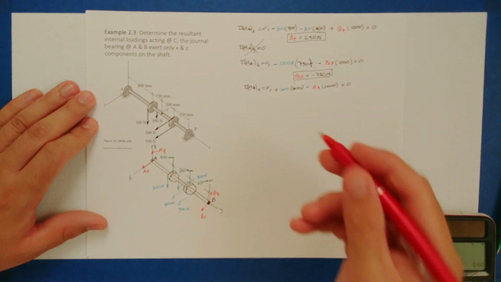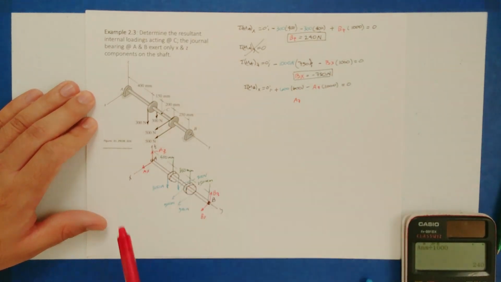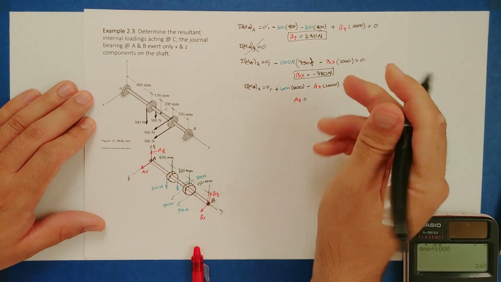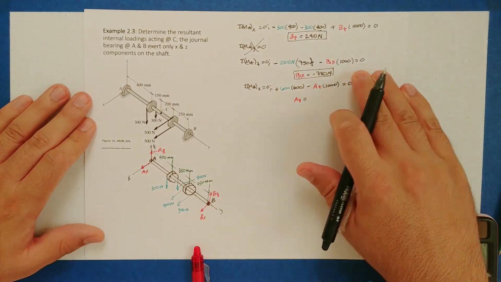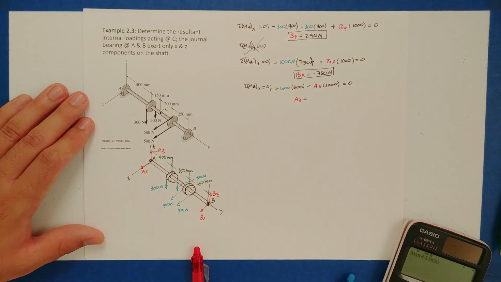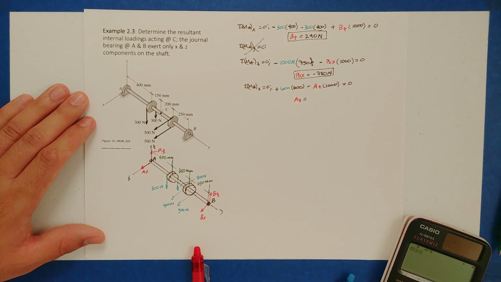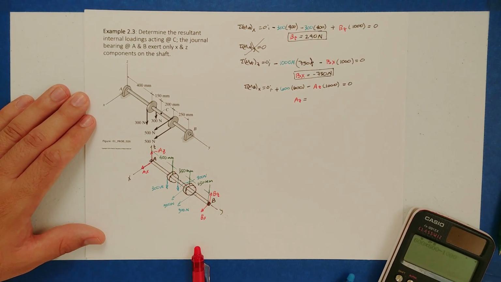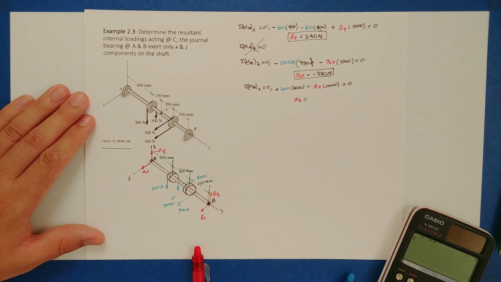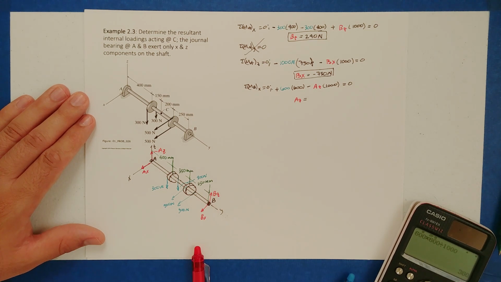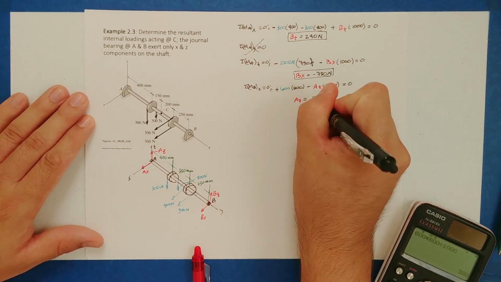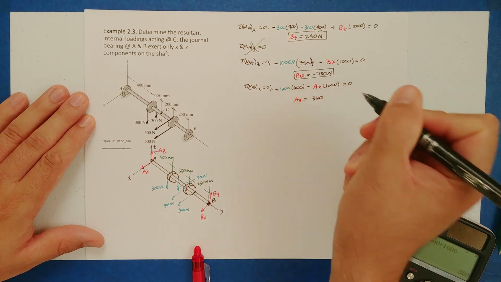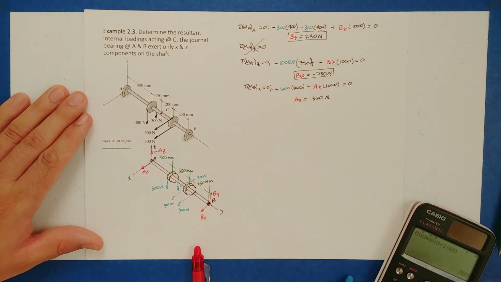So I can solve for AZ from this equation. I can move AZ to the other side, and I would have 600 times 600, divided by 1,000, or 360 newtons.